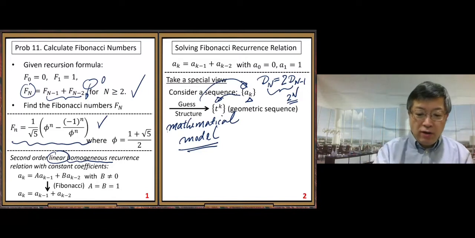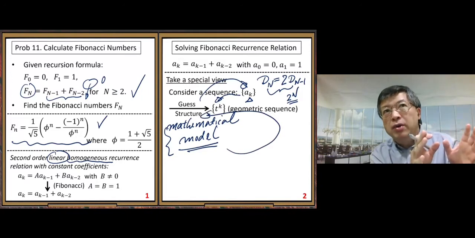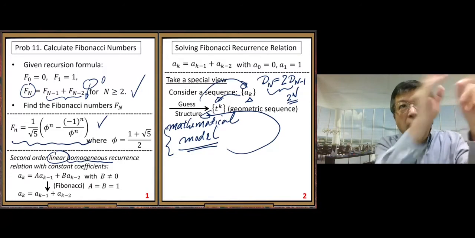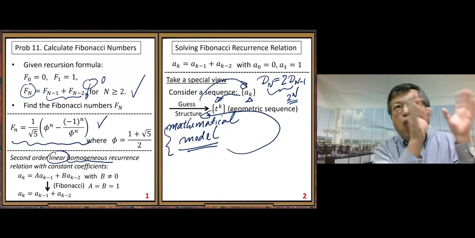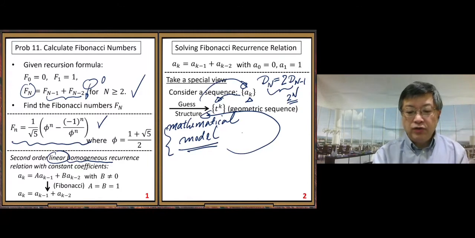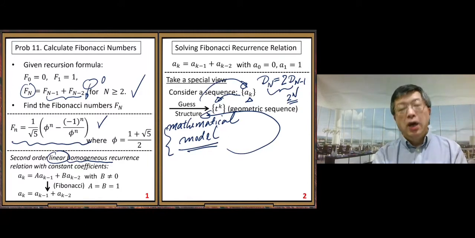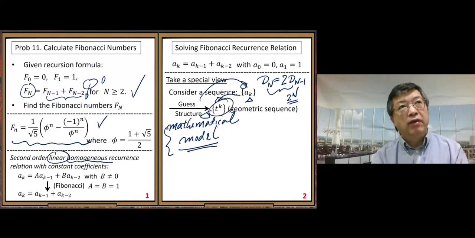Model means we want to use some special structure to describe our data in the problem. So we try to use the right structure to describe our data. That structure, we call it a mathematical model. So here we can say this geometric sequence is the mathematical model we use to solve this second order linear homogeneous recurrence relation problem, right?